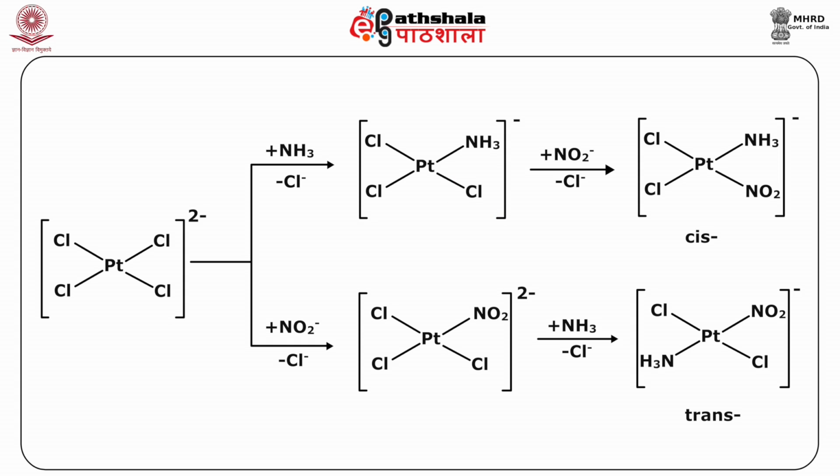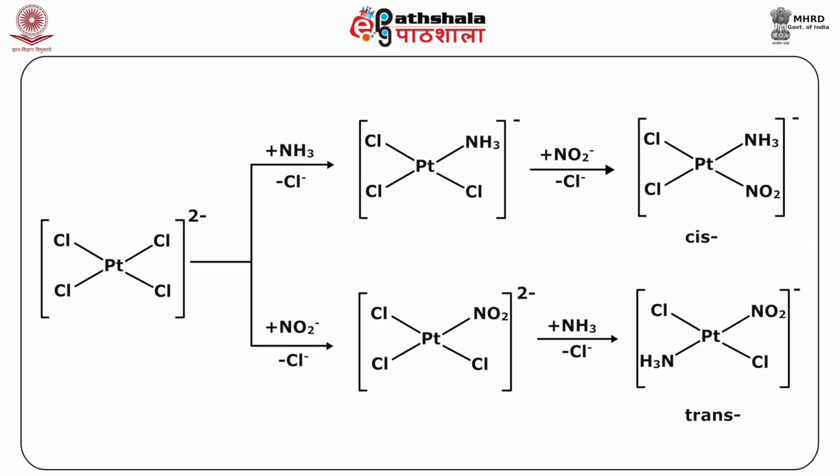Again, the reason is the trans effect: chlorine has greater trans directing power than ammonia. So, the chlorines which are trans to each other are polarized now, and one of the chlorines is dissociated and occupied by the nitro group. So, cis dichloroplatinum NO2 NH3 is formed.